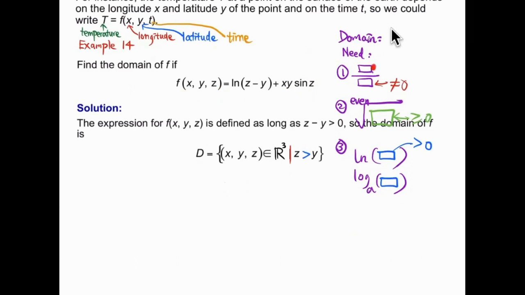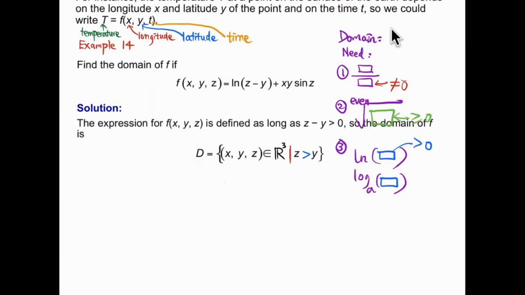So if you have a quotient, it is required that the denominator does not equal 0. And if you have an even root function, then you would like to have the expression inside, which is called the radicand, to be greater than or equal to 0. Equal to 0 is also okay.